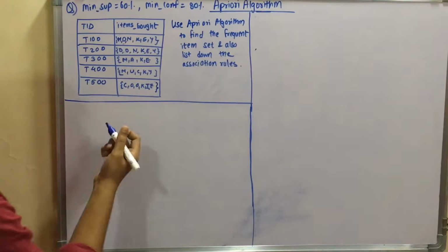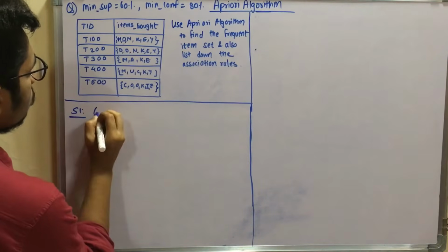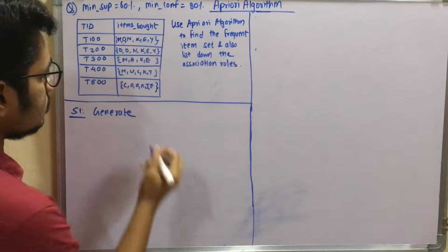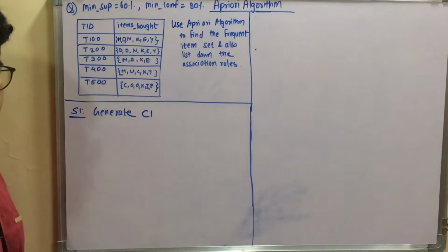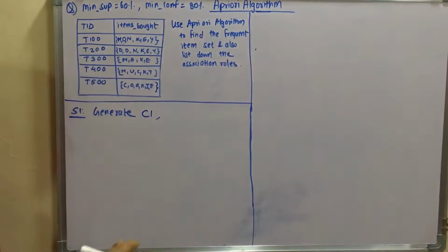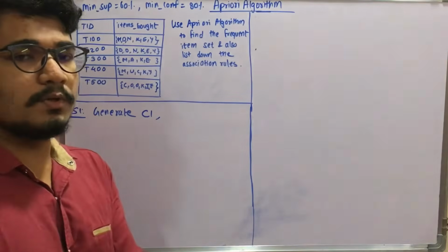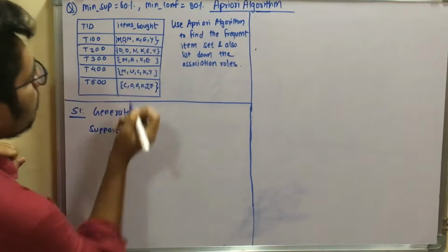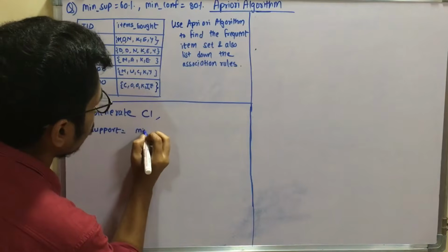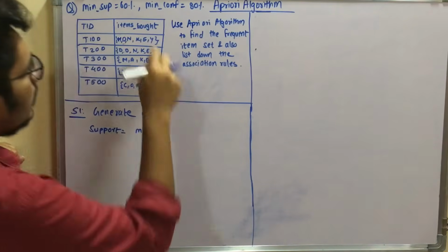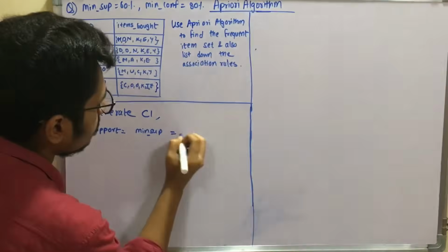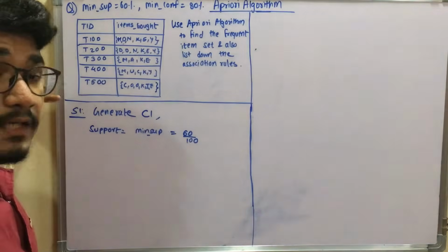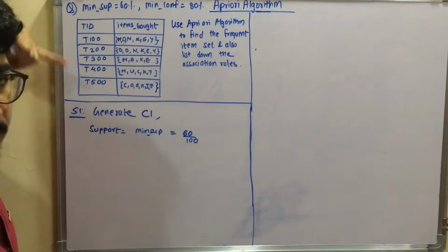In step 1 we generate the C1 table with minimum support. For this you need the minimum support, so how can you get that? The support is given by this: the minimum support is 60%, and you convert it, that is 60 divided by 100 and multiplied by the number of transaction IDs, TIDs, which are there.